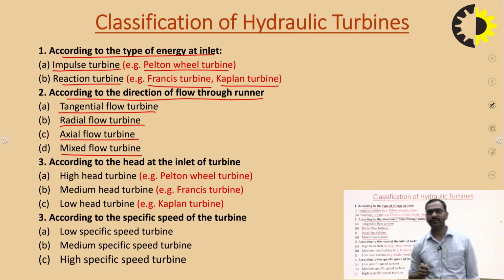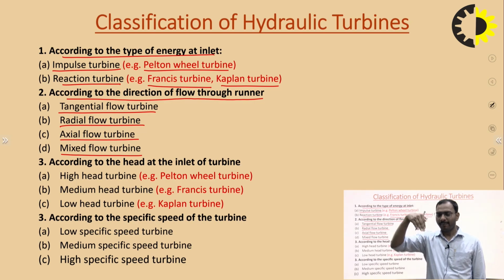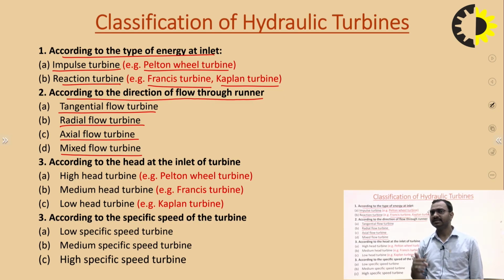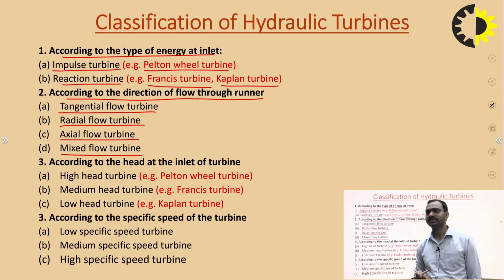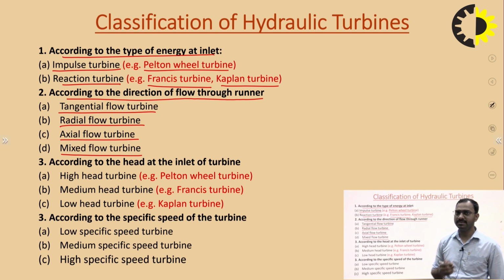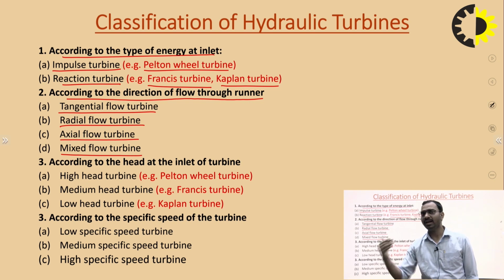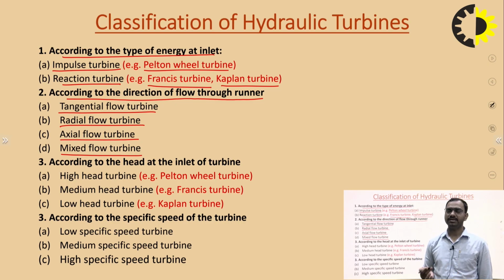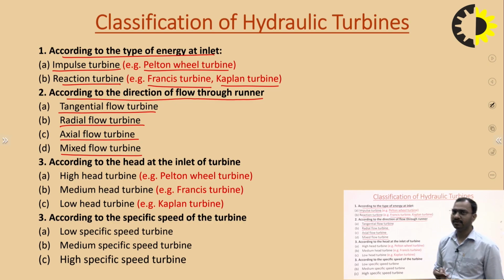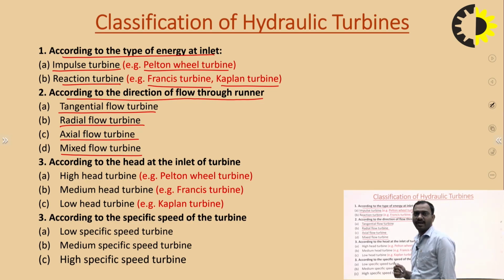Then what is axial flow? If the flow through the turbine is parallel to the direction of the shaft, then this type of turbine is called an axial flow turbine, and the example of axial flow turbine is the Kaplan turbine. And what is a mixed flow turbine? It means radial in and axial out, and the example of mixed flow turbine is the modern Francis turbine.